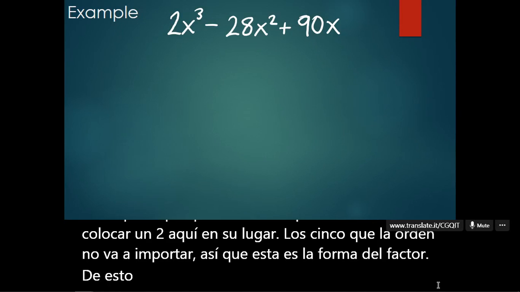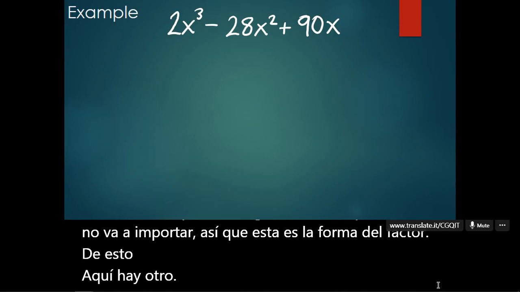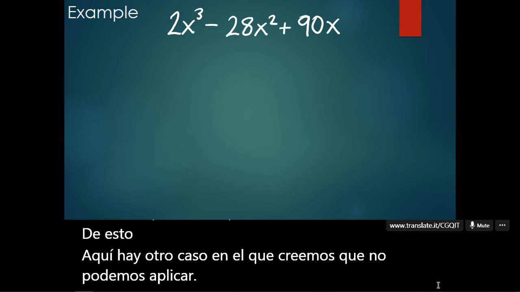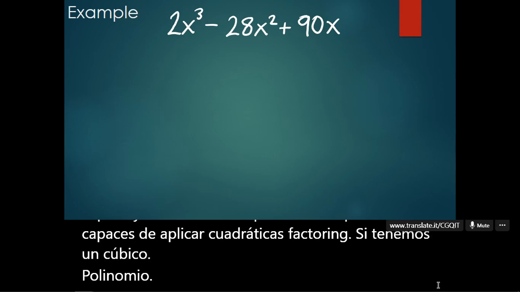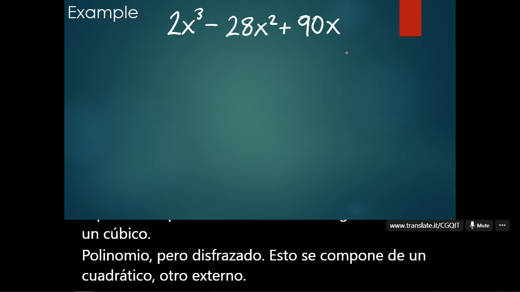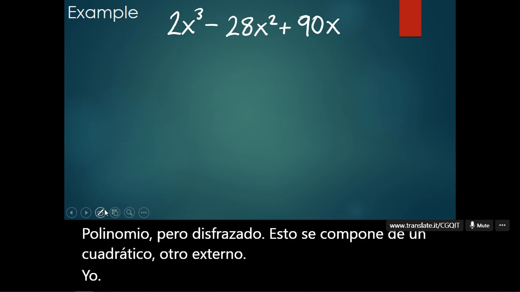All right, here's another instance where we think we're not able to apply factoring quadratics because we have a cubic polynomial, but in disguise, this is comprised of a quadratic and another x term. All these have an x in common as well as a number.